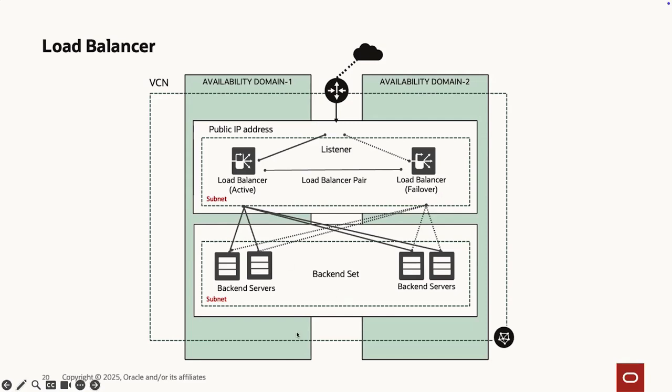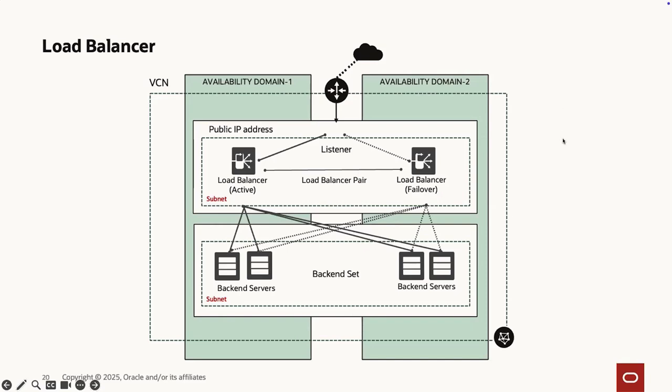And the set is just the logical entity for the multiple servers, and that's going to come along with that load balancing policy, health check policy, and determines how you're going to direct traffic between that collection of servers. It's good to have the active failover pair here as well to get some of those benefits that we talked about in terms of high availability, disaster recovery, scalability, and all of that.